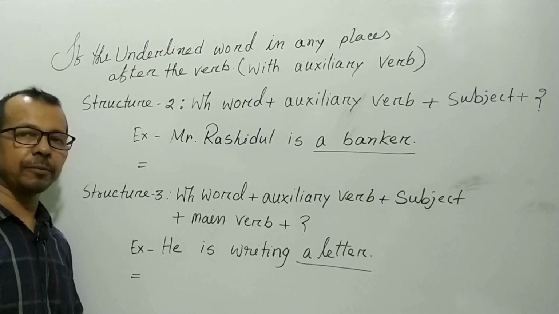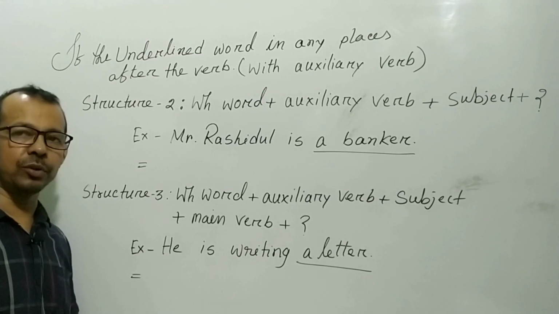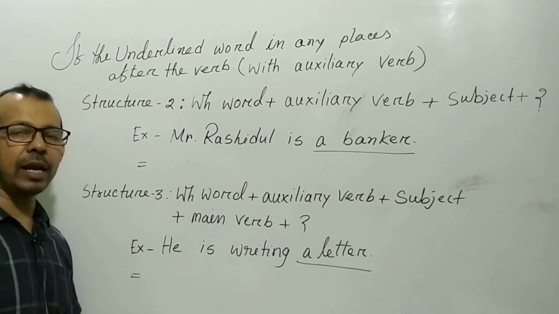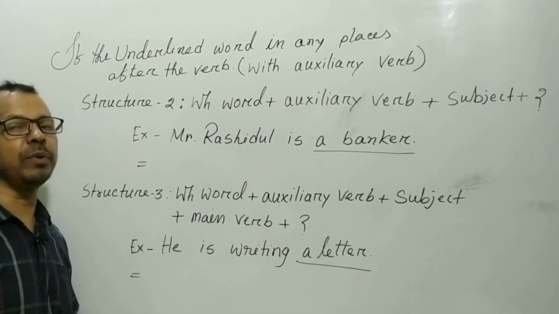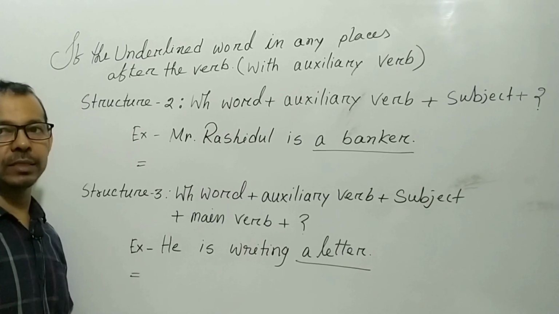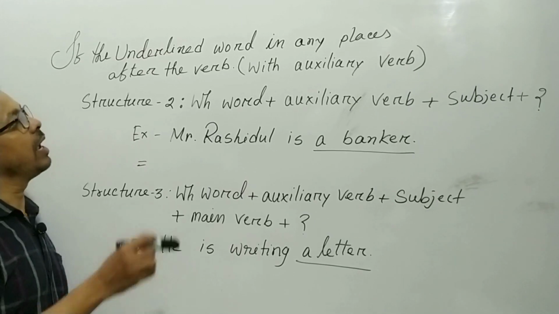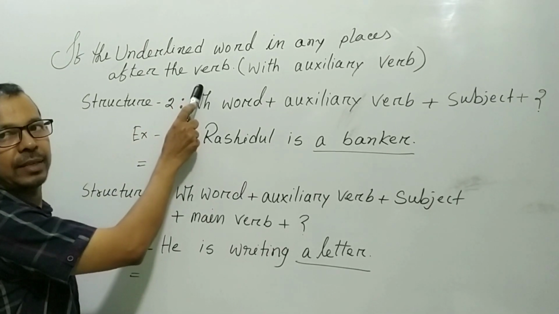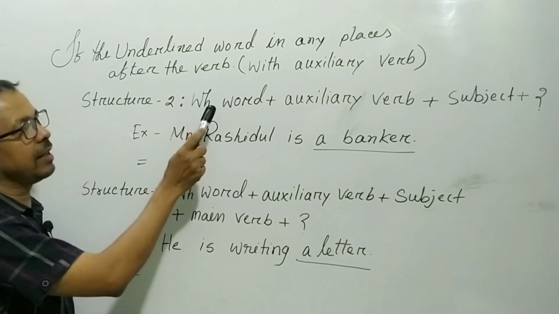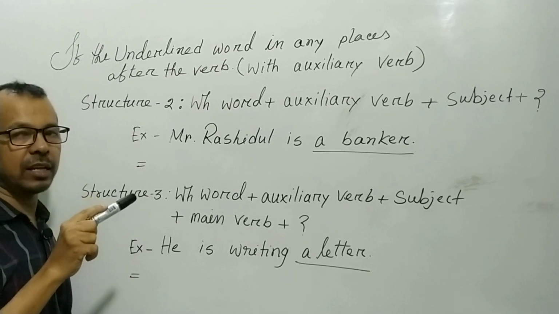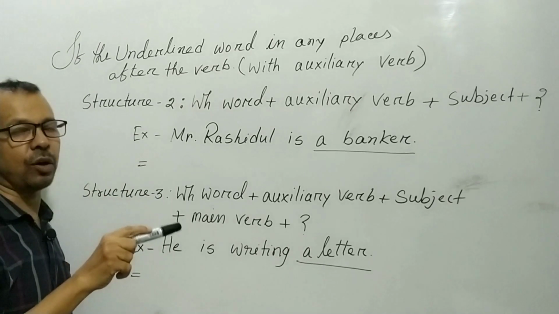My dear students, in the first rule we have learned that the underlined word will be in the subject. But if the underlined word is any place after the verb, then we have to find out whether there is any auxiliary verb in the sentence or not.